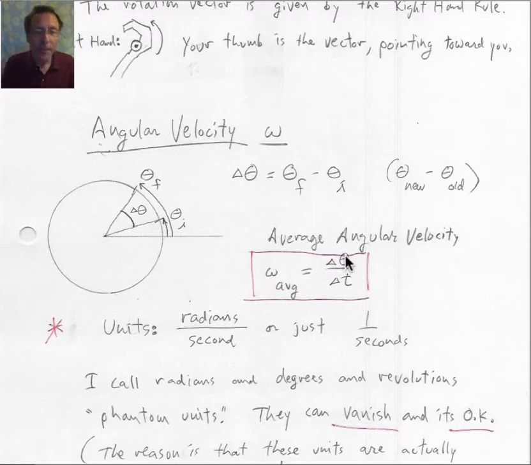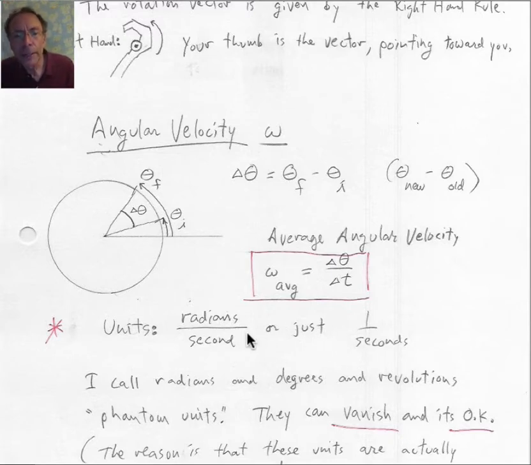Now, sometimes in engineering and so on, you might have revolutions per minute, like the engine of a car. So it's not like it's always radians per second, but in this physics class, it's going to be mostly radians per second.